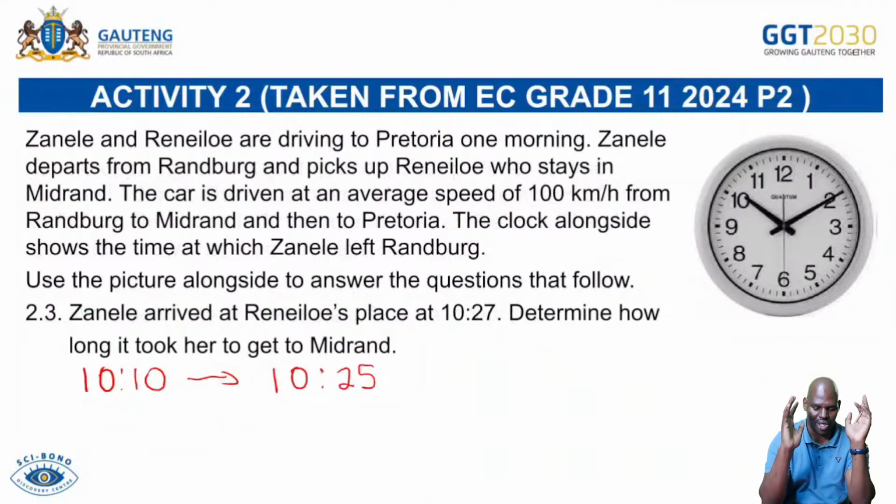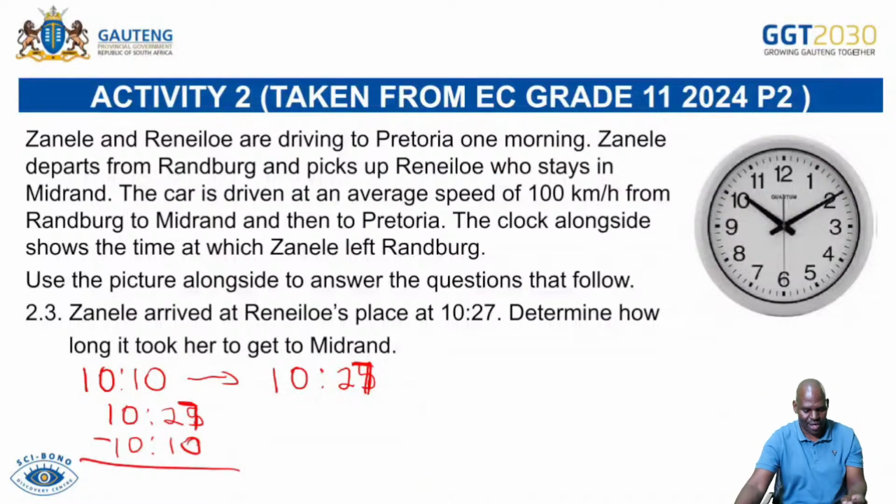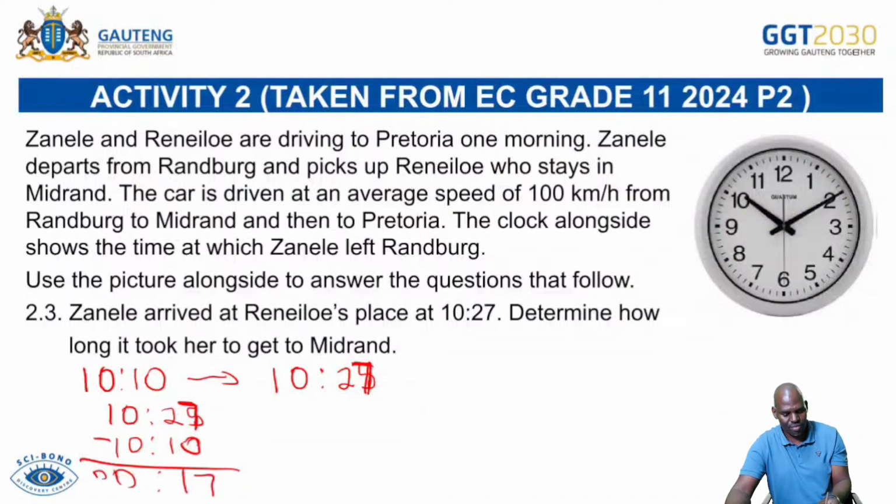We want to know the duration, so it must be the difference: 10:27 minus 10:10. 27 minus 10 we get 17, and 10 minus 10 is 0. So therefore, the answer is 17 minutes.